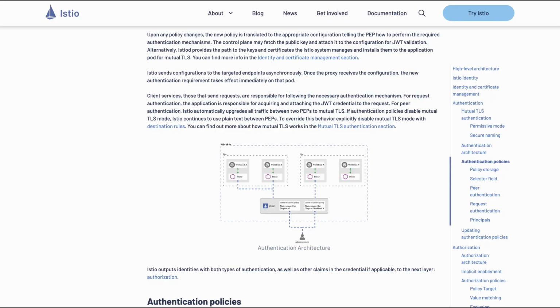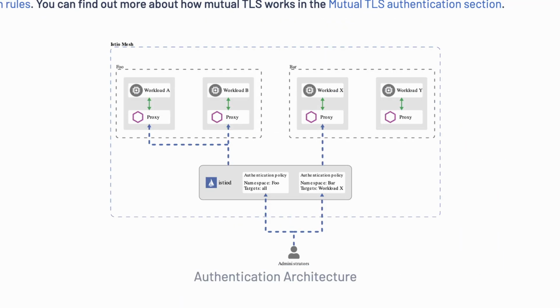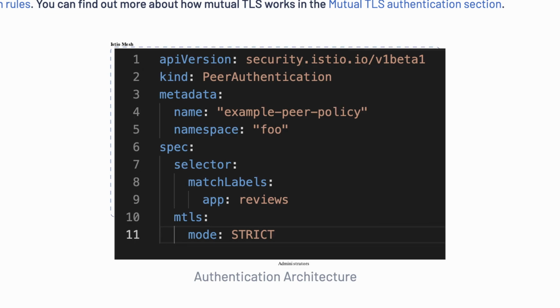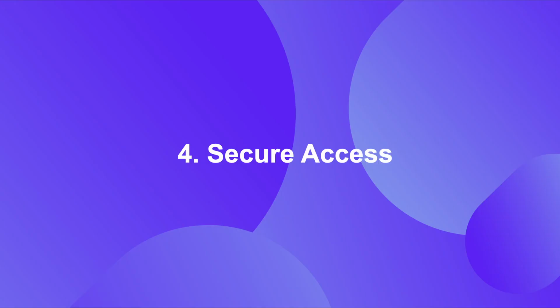In the example of Istio, Istio deploys an Envoy proxy to each application container that will enforce TLS encryption within the service mesh. Now, be sure to change its configuration from permissive, which allows TLS and plaintext to be used, to strict to enforce TLS only.